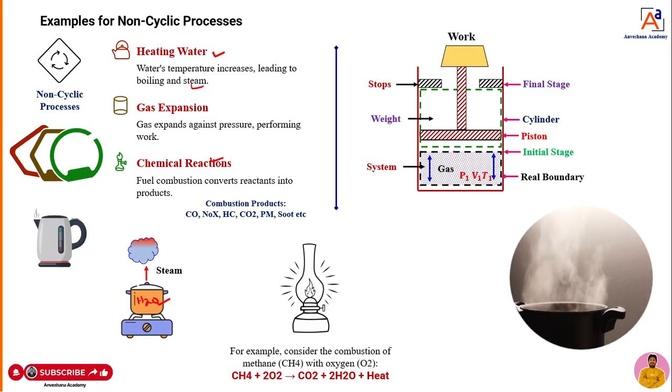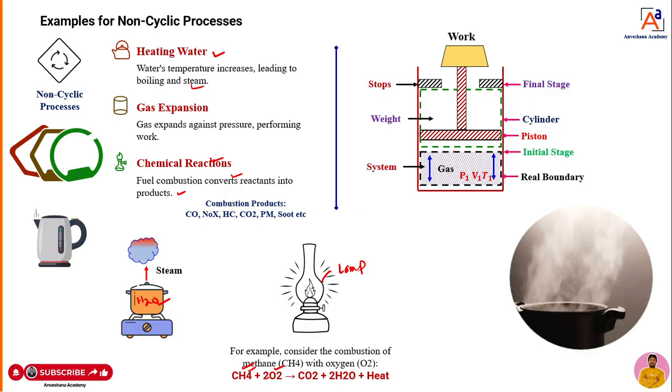Then chemical reactions, as I told you, dear students, whenever you have a fuel combustion, that fuel is going to burn and convert the reactants into products. I will take one example here now: methane. You can take a lamp. That lamp is running on methane, for example. You are going to give methane. These are the reactants, and you are going to give oxygen as a reactant, right?